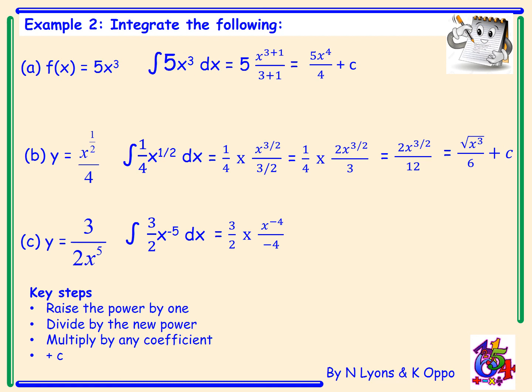Now we have to simplify, and that gives us negative 3 over 8 x to the power negative 4, and back into a positive index, that equals minus 3 over 8 x to the power 4 plus c. Key steps, remember, are raise the power by 1, divide by the new power, multiply by any coefficient, and add your constant of integration c.